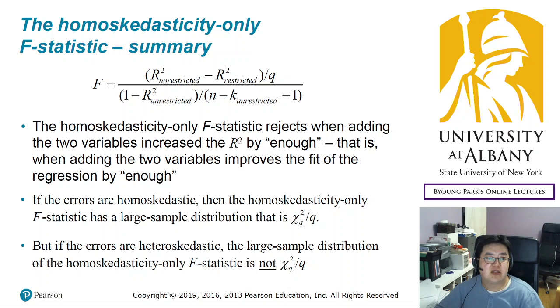Hello. In the last lecture, we studied the F statistic. The F statistic is a test statistic used when you need to test a hypothesis about multiple coefficients at the same time.